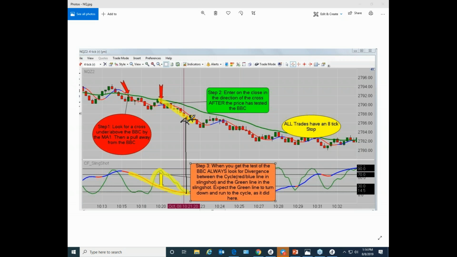Okay, so why does the trade exist down here in the slingshot? Because here's what we expect to happen. The green line to pull away, close the gap, pull away, close the gap, pull away, close the gap, until, hey, our cycle is turning blue. So that's saying, hey, this market has some bullish momentum, right? And then what we expect now is that the green line, hold on, pen, Wonder Twin Powers, activate the pen.